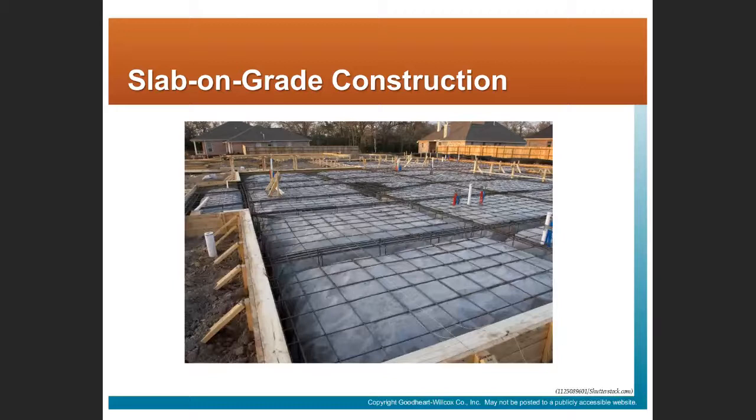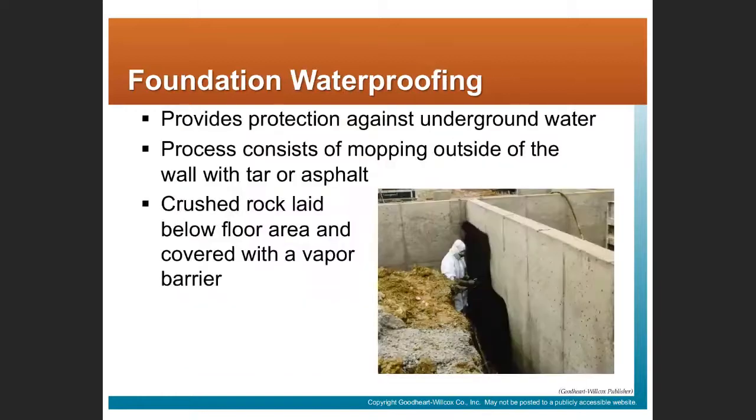We're trying to keep soil moisture away from the concrete as much as we can. We do the same thing in a foundation. This is on page 179, foundation waterproofing. We're trying to keep some of that moisture in the soil from penetrating the concrete of our building.